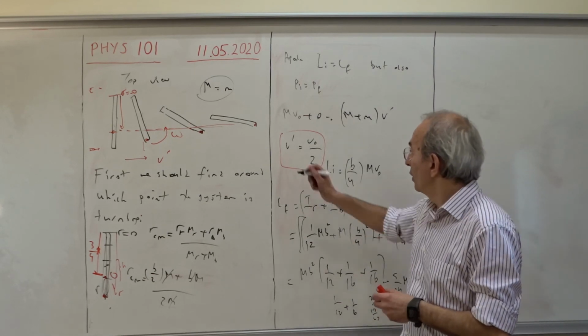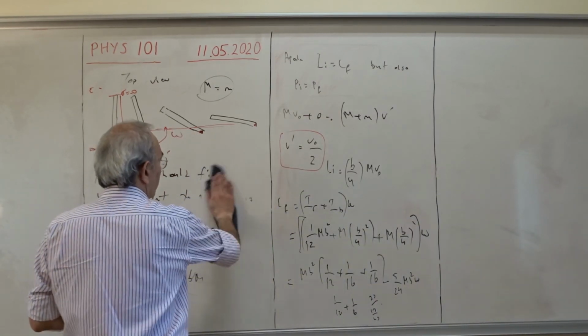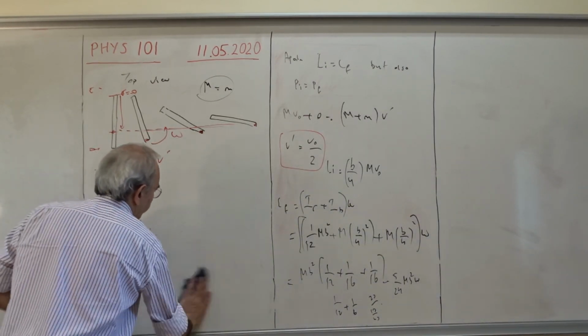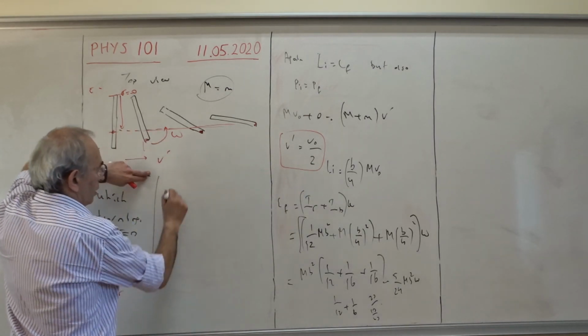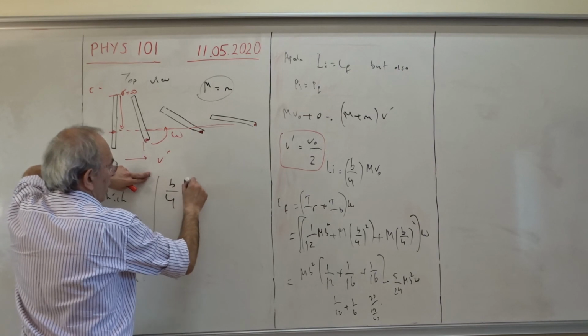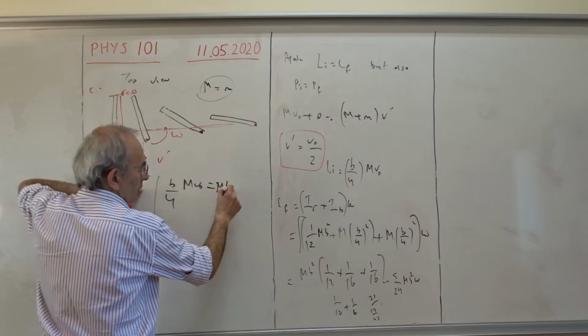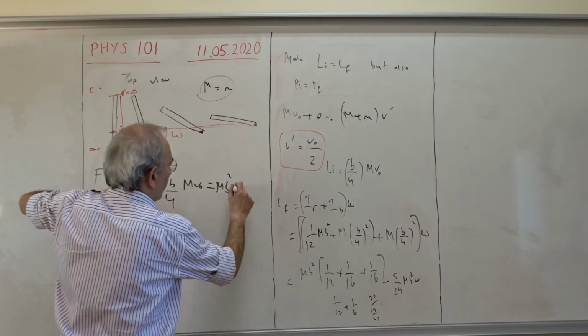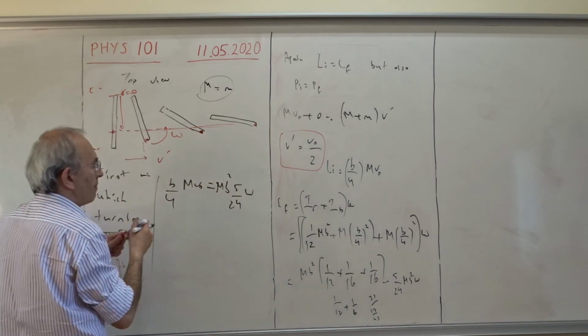That's equal to the initial value of this much. Let me write it here. Initial value b over 4 m times V0 is equal to this, m times b squared 5 over 24 omega.